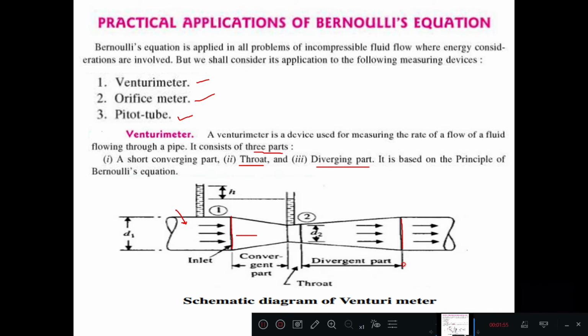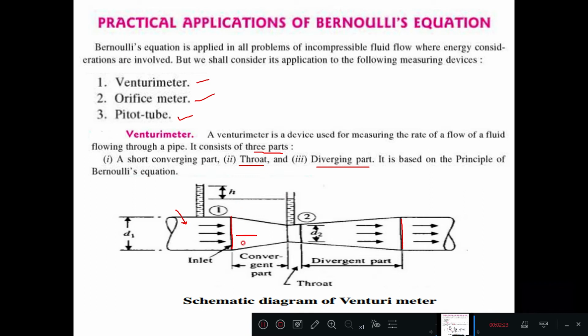This venturimeter was invented by the American engineer Clemens Herschel, and he named it after the Italian engineer Venturi. The venturimeter is one of the popular devices for measuring the rate of flow in a pipe.